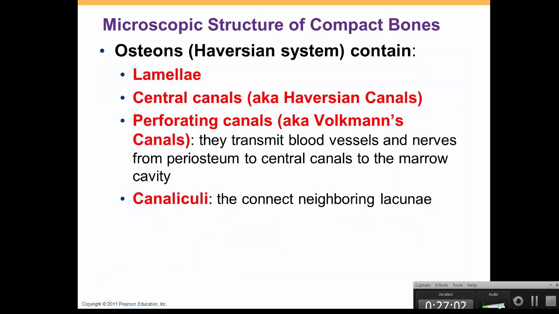So the osteon, also called Haversian system, contains the lamellae, contains the central canal, also known as Haversian canals. It has perforating canals, also known as Volkmann's canals, which provide a pathway for blood vessels to travel between different osteons. And we have canaliculi, which connect neighboring lacunae.